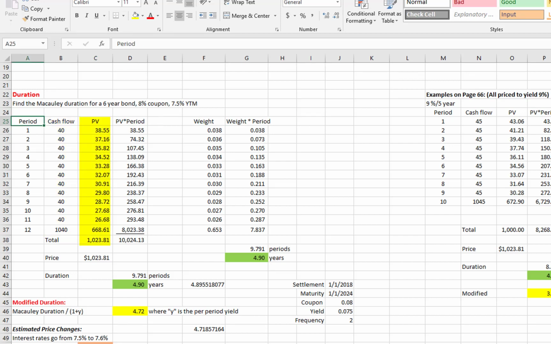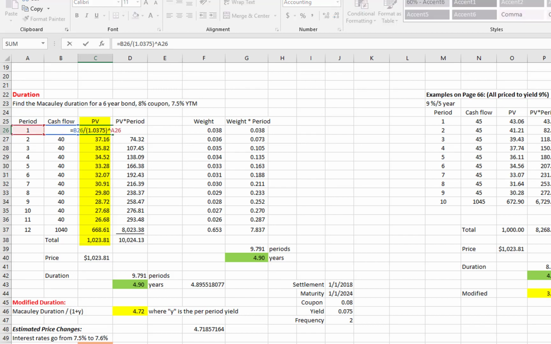Next, I'm going to figure out the present value of each of those cash flows. So I'm going to discount it by the discount rate. In this case, it's going to be half of that yield to maturity rate. That's the periodic rate. The 6-month rate would be half of the yield to maturity. Of course, the yield to maturity is measured for a whole year. So 1.0375, and I'm going to raise that to the number of periods that I'm discounting the cash flow.